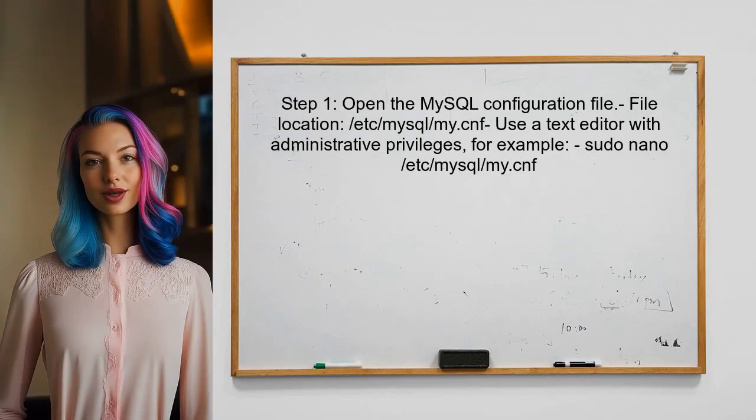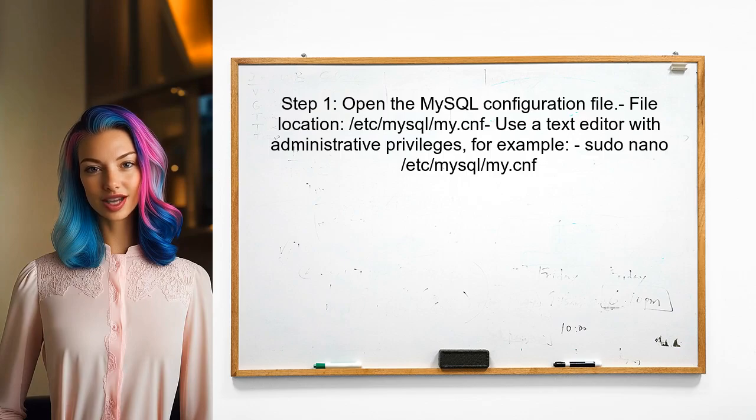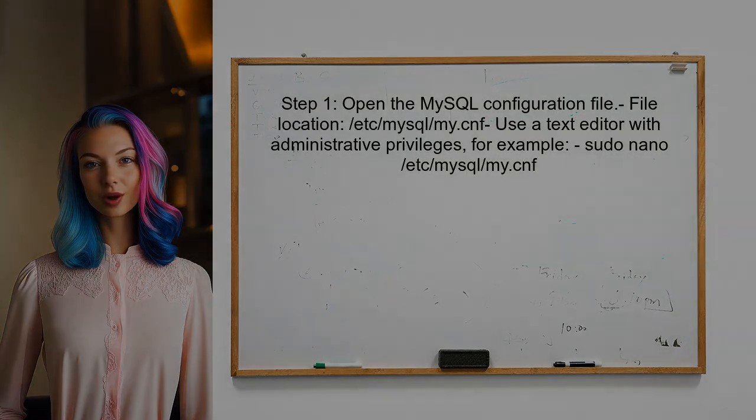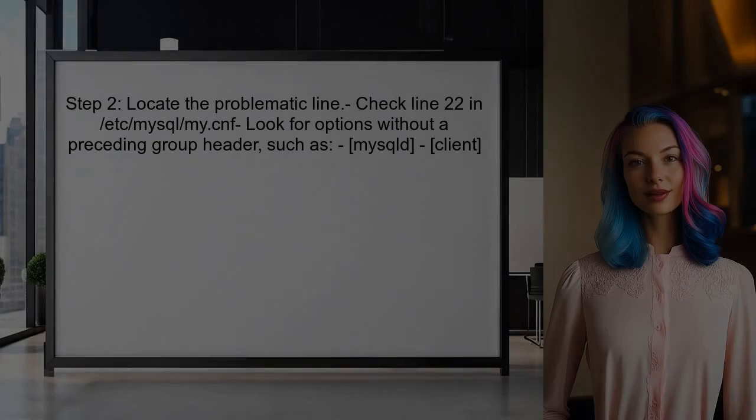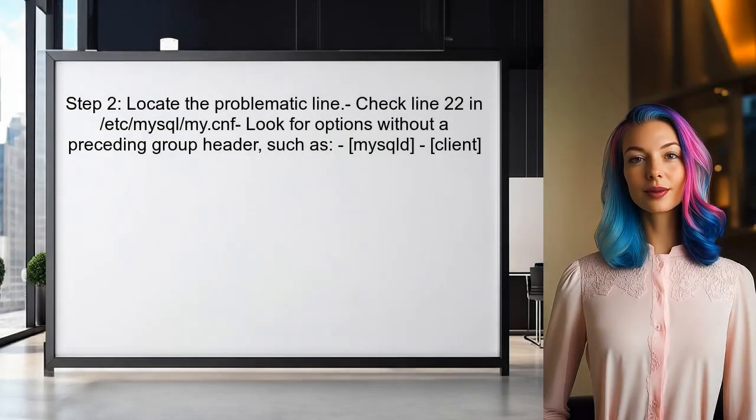To fix the error in the MySQL configuration file, the user should first open the file located at MySQL/my.cnf. This can be done using a text editor with administrative privileges. Next, the user needs to locate the line mentioned in the error message, which is line 22 in this case. They should check if there is an option that is not properly grouped under a section header.